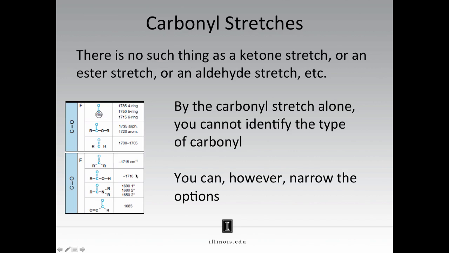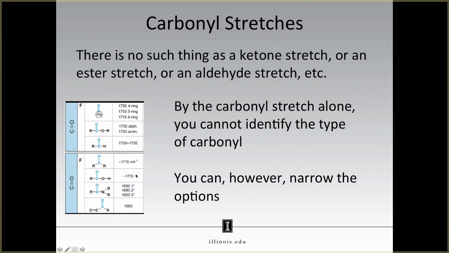Fortunately, you can narrow the options. If you look at this table, you see that there is a dividing line at 1700. These types of carbonyls above this line will always be above 1700. If you have an amide or a conjugated carbonyl, that stretch will appear below 1700.